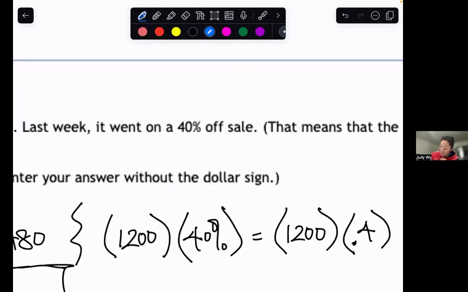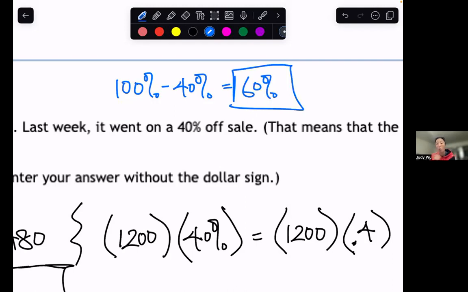Like what percentage? I have 100% and I'm going to save 40%. So I don't have to pay that. 100 minus 40 gives me 60. This means I pay only 60% of the actual price, okay?